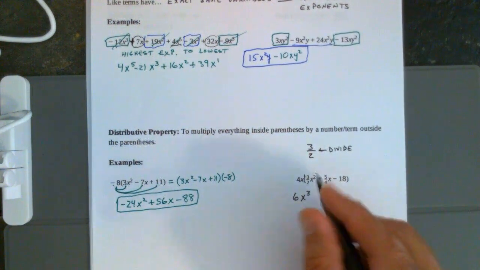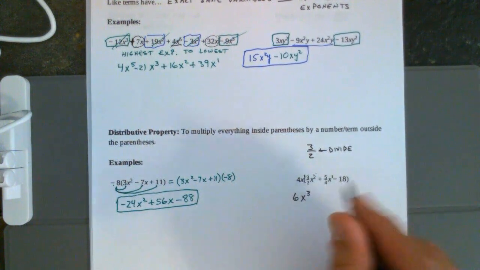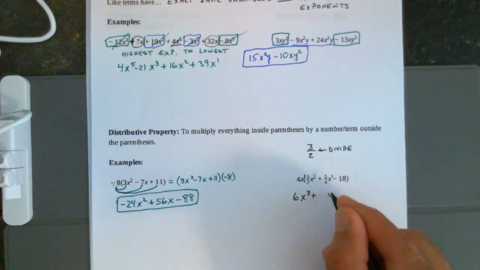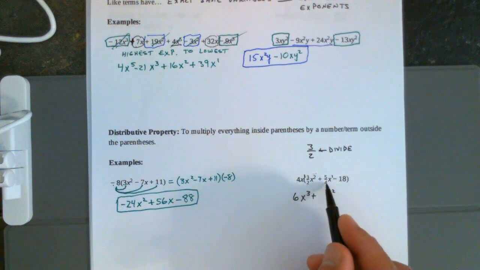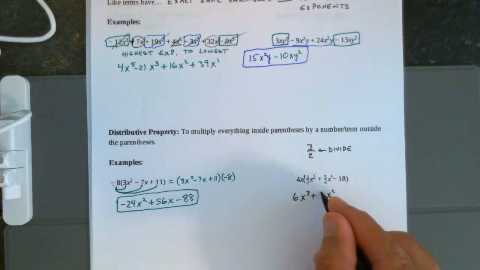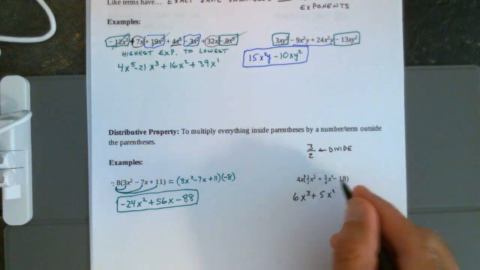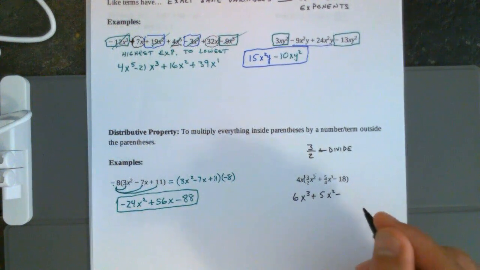For the next term, we have 1x outside, and there's 1x here. That makes 2 x's, or in other words, x squared. It's going to be positive. And now we can deal with the number. 4 divided by 4 is 1, times 5 is 5. The last one we have negative times positive is negative.